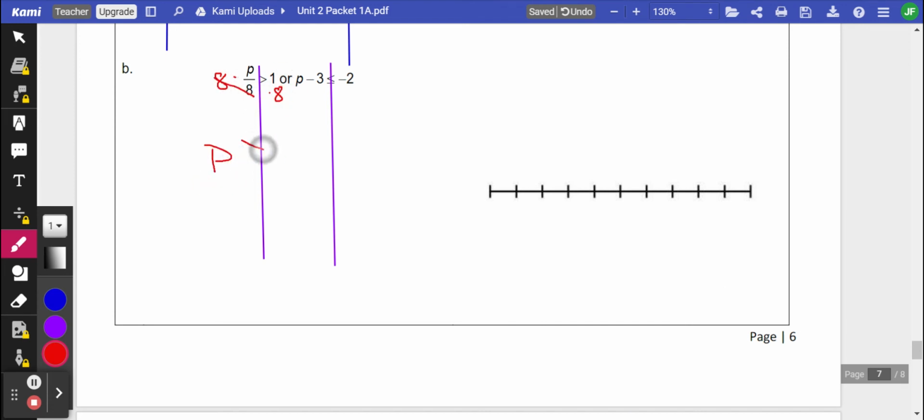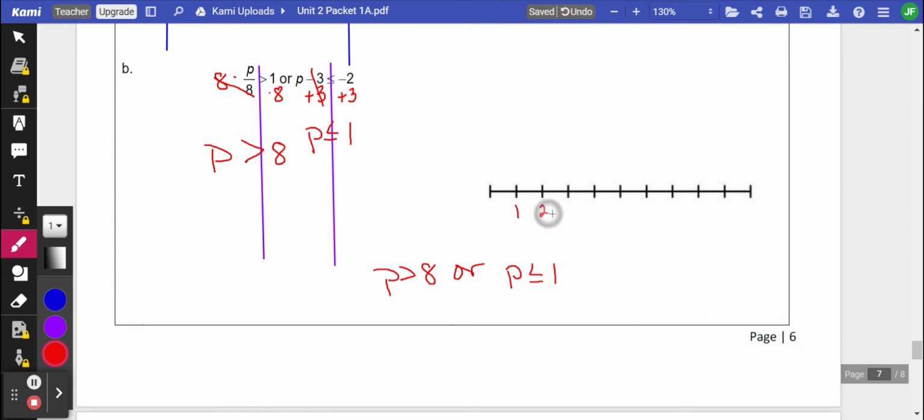And we are multiplying by positive 8, so that's not going to change our inequality sign at all. For the second one, to get p alone, we're going to add 3 to both sides. So those cancel. And because we're adding, we don't have to worry about flipping our sign. So our two solutions are that p is greater than 8, or, because we had the word or in between, p is less than or equal to 1.